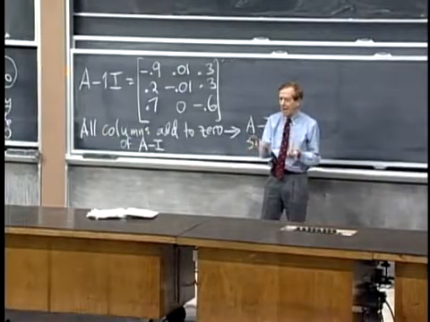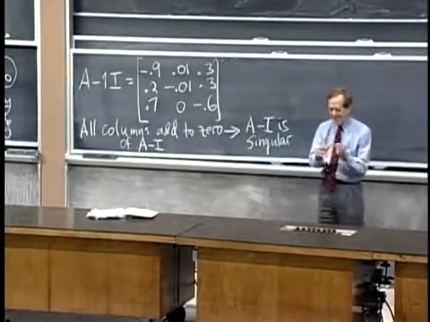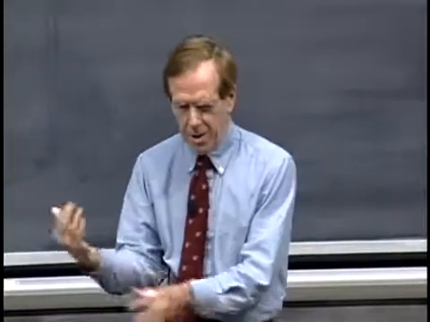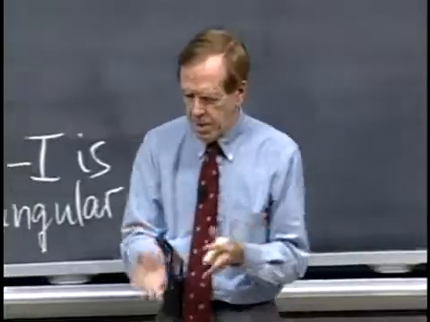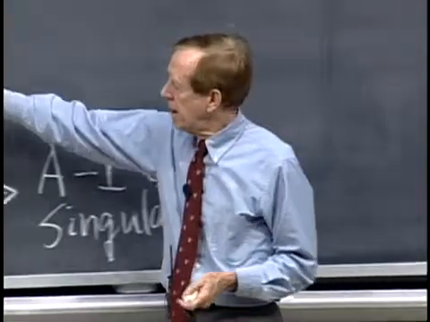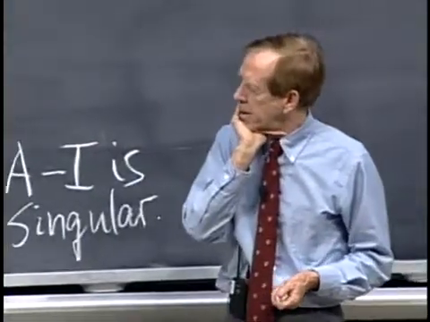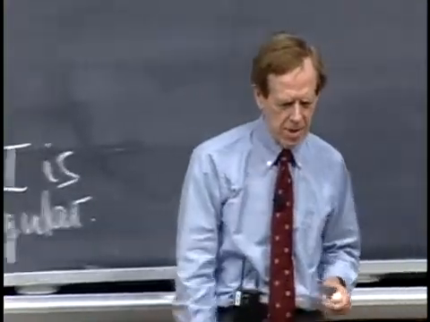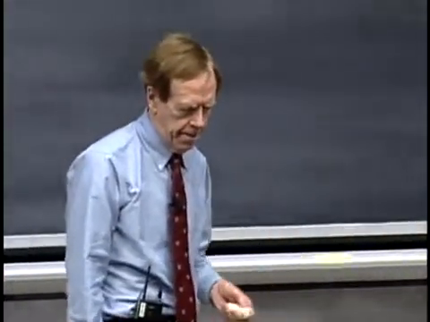You see, we're at a point in this course now where we have several ways to look at an idea. We can take the determinant. Here we don't want to. But we met singular before. Those columns are dependent. So how do I see that those columns are dependent? They all add to 0. Let's see.